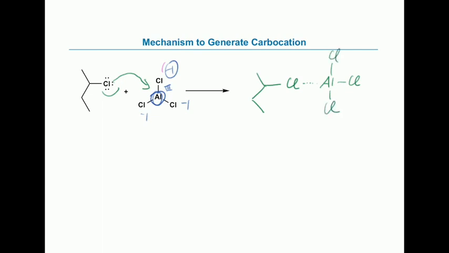Now, when you do this, you're taking the very electropositive aluminum and coordinating it over. If this was a true bond, that would put a negative charge around the aluminum center, and effectively a positive charge over here.